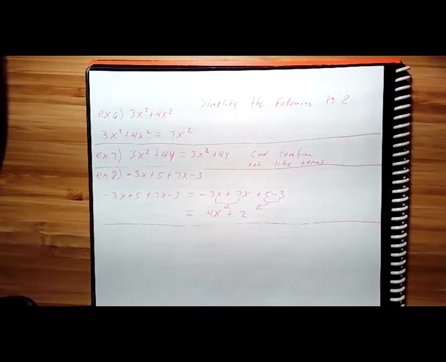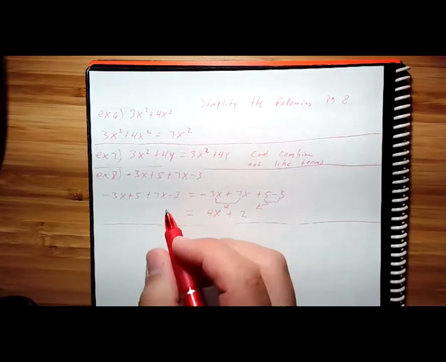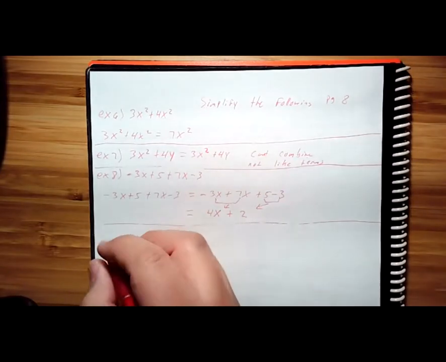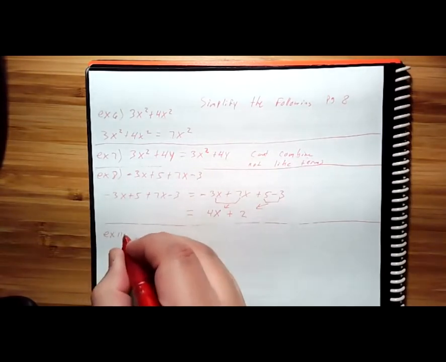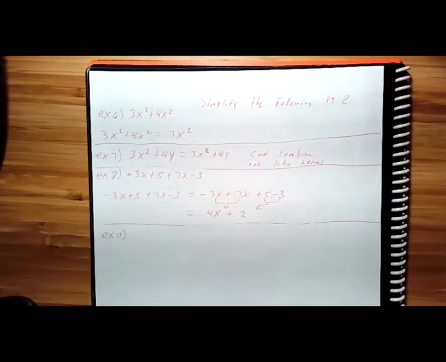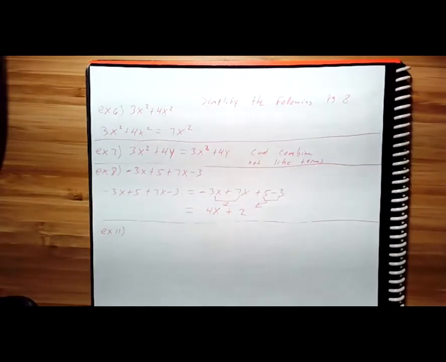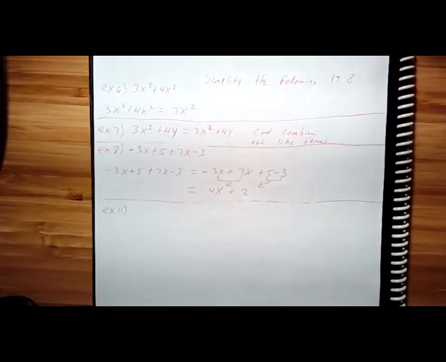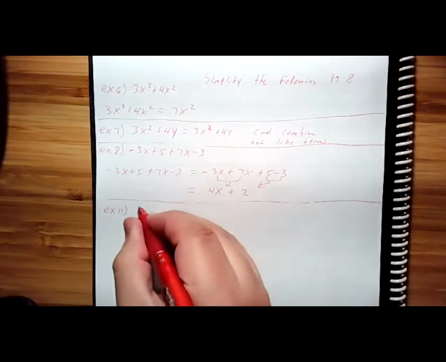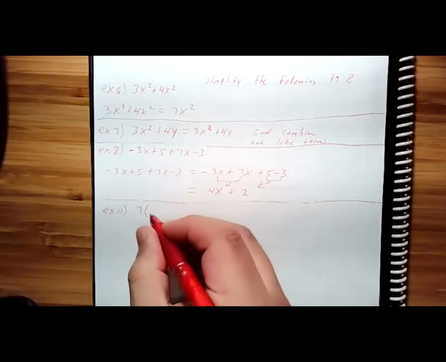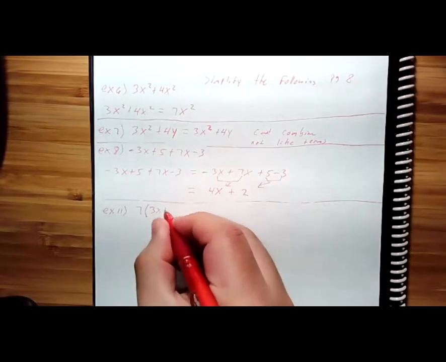Okay, let's move on to something else then, unless you have some questions on like terms. You guys okay? Let me know if you feel confused by anything, right? It's not a big deal. That's what you're here for.